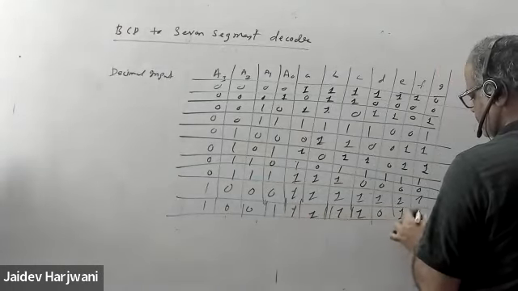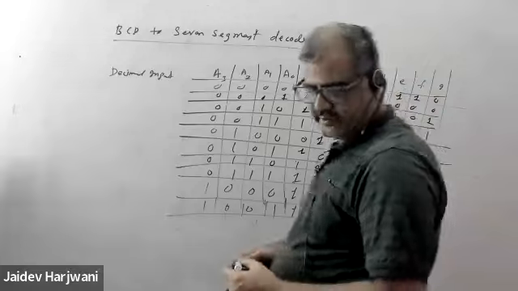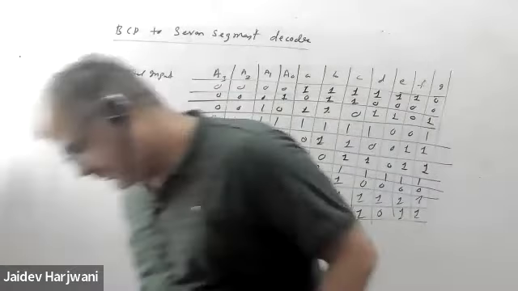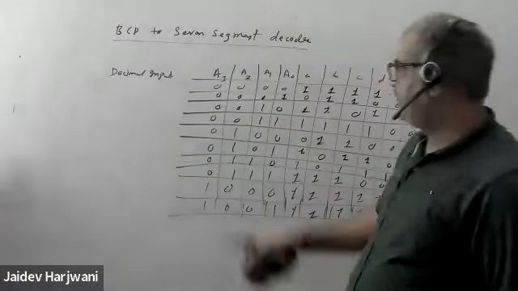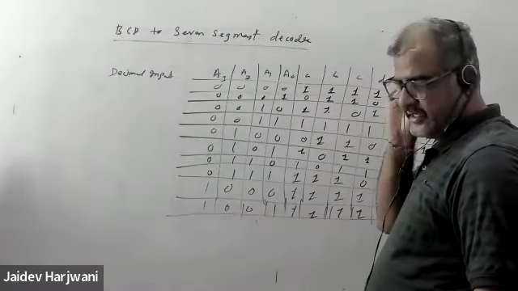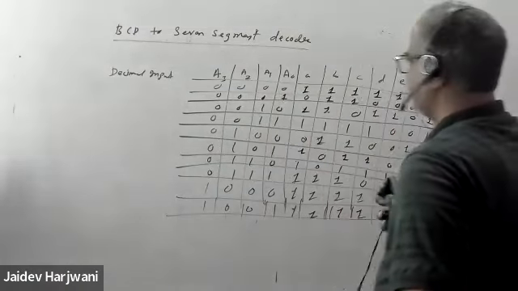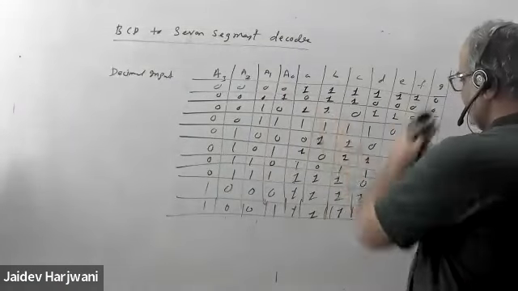Very good. So this is your truth table. Now what you need to do is make the decoder circuit. How to make it? Let me erase this one.